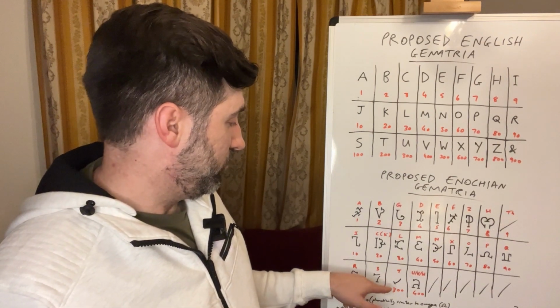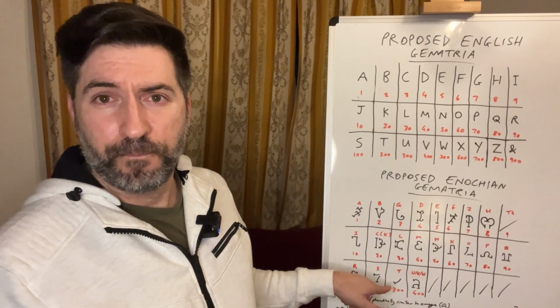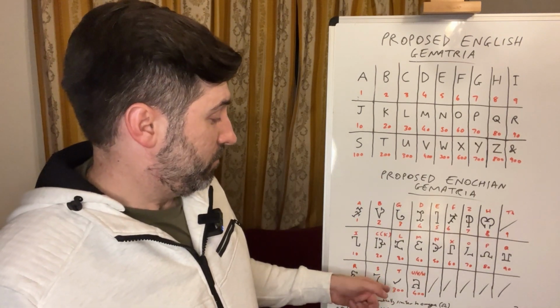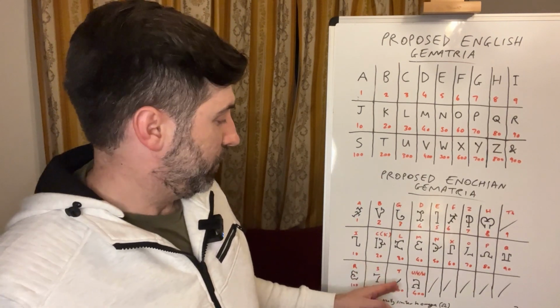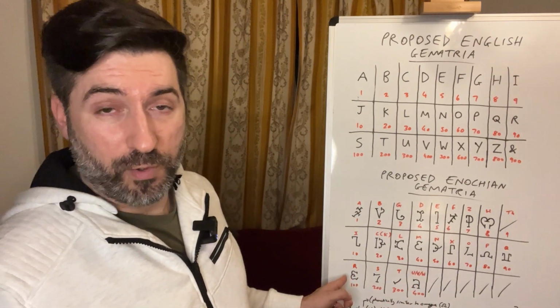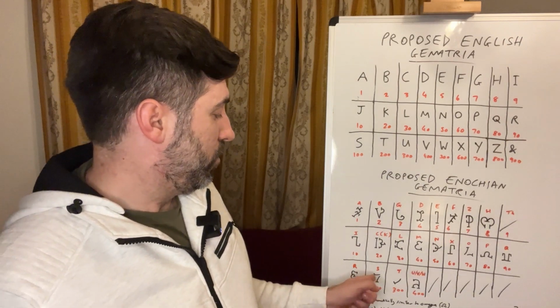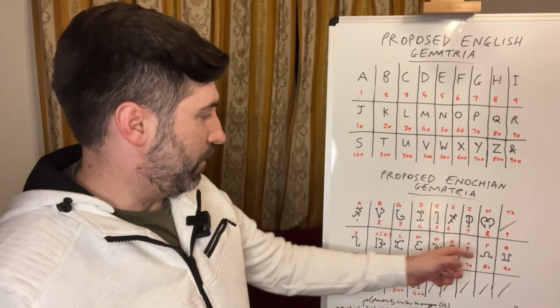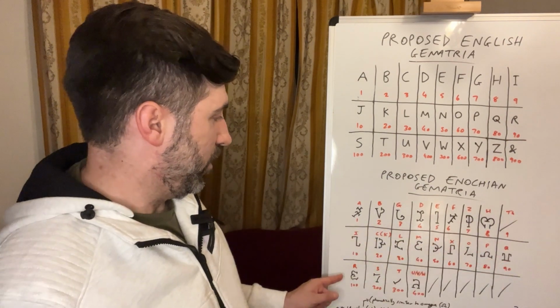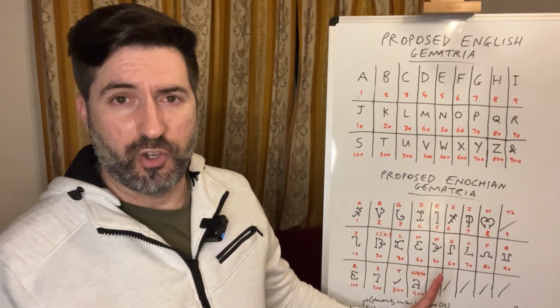Your letter tau is worth 300. In Hebrew gematria, the tau is 400. The resh, which is the equivalent of the letter R or rho, is worth 200. And the qof, the letter Q, is worth 100. So everything is bumped up by one positioning.